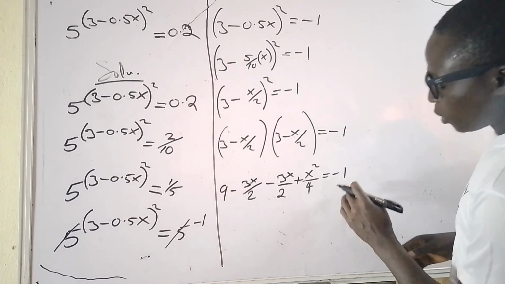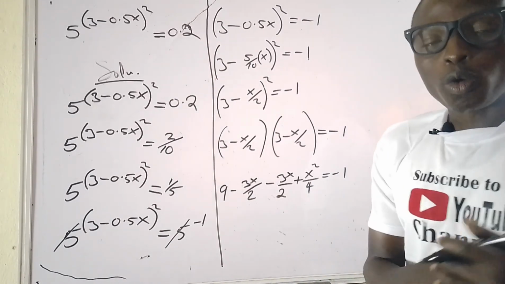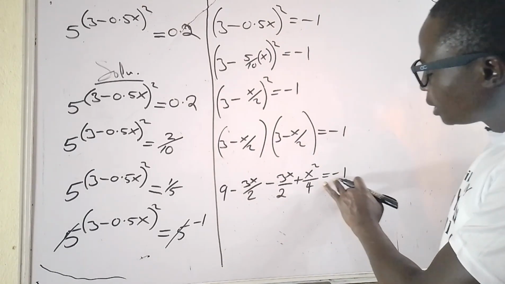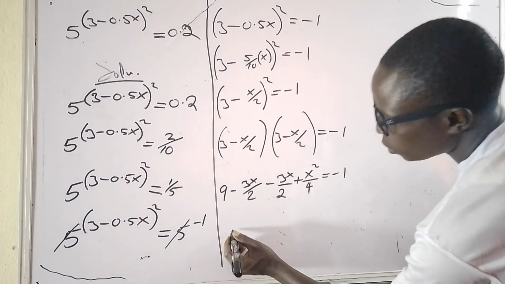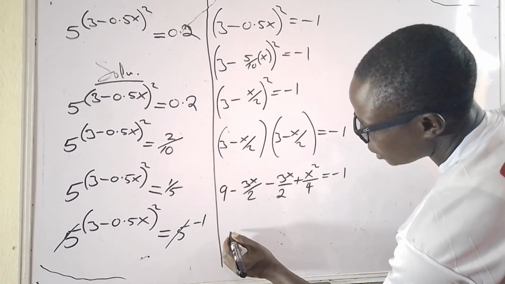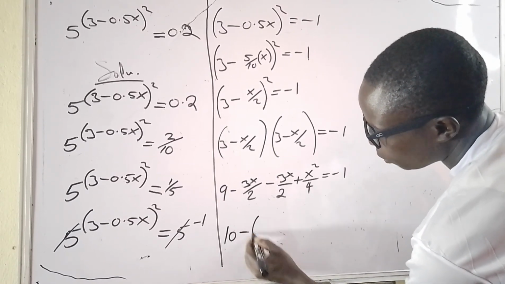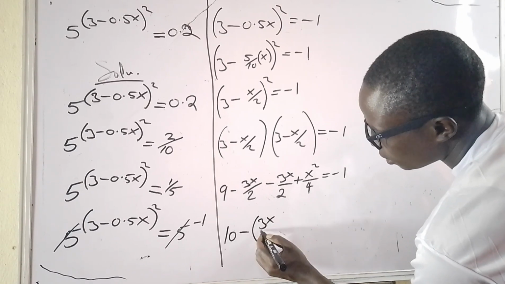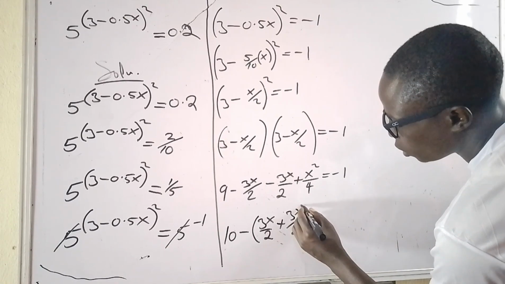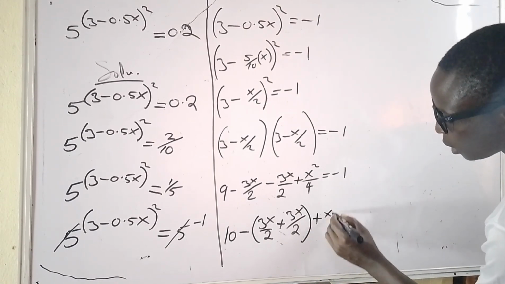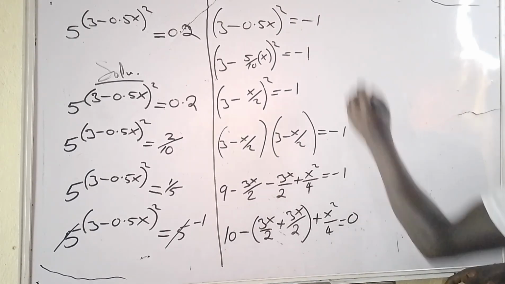So going by that, if I decide to let everything be equal to 0, that means I will send this minus 1 to the left side, so that the right side is equal to 0, so I have 9 plus 1 is 10. So I will now have 10 minus (3x over 2 plus 3x over 2) plus x squared over 4. Everything is now equal to 0.